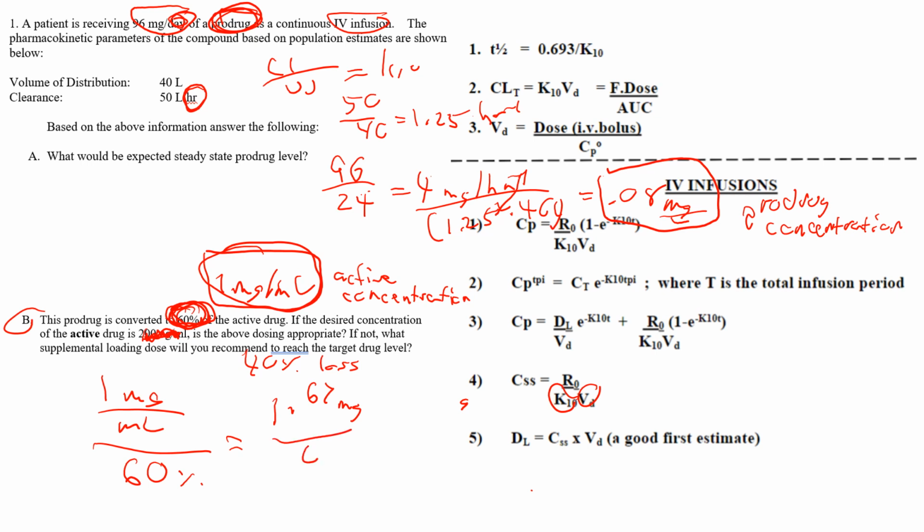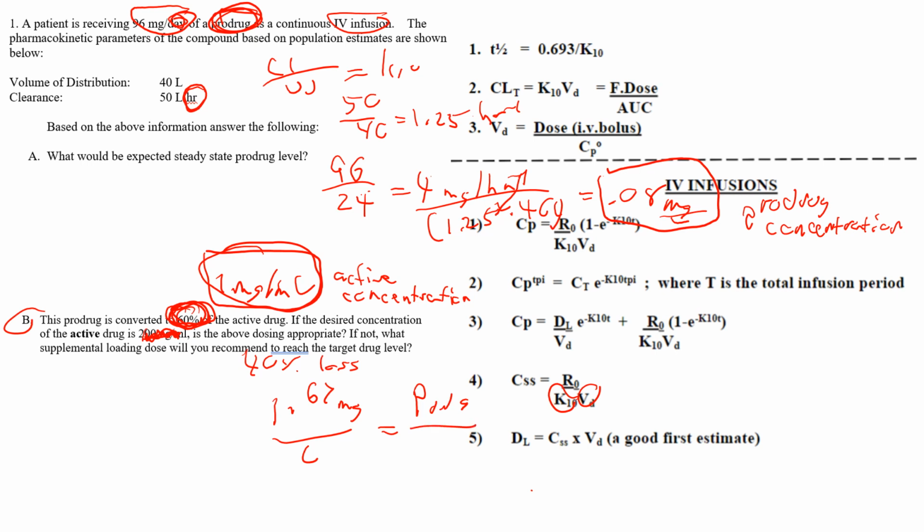Now what we can do is, I'm going to erase this. We don't know per se what we need our initial prodrug dose to be, right? But what we do know is the volume of distribution.